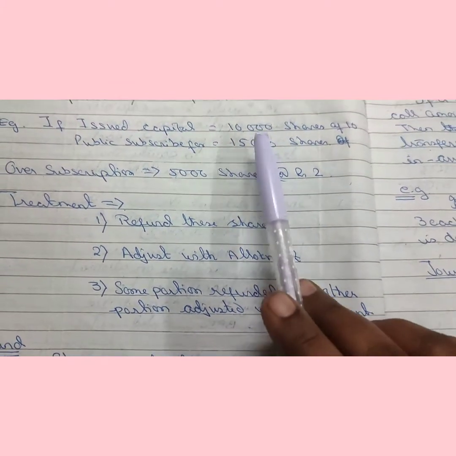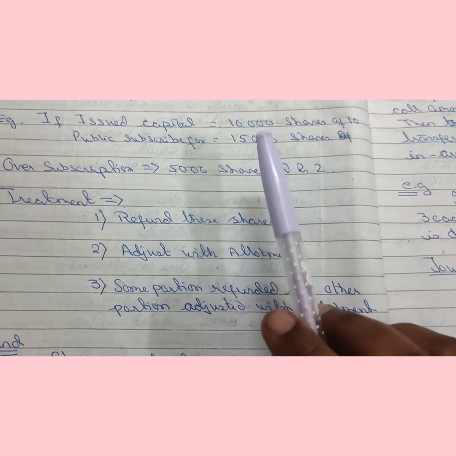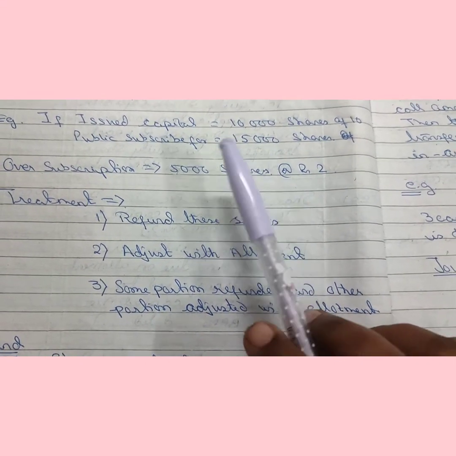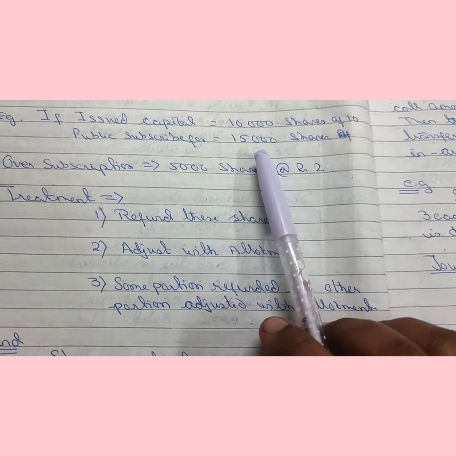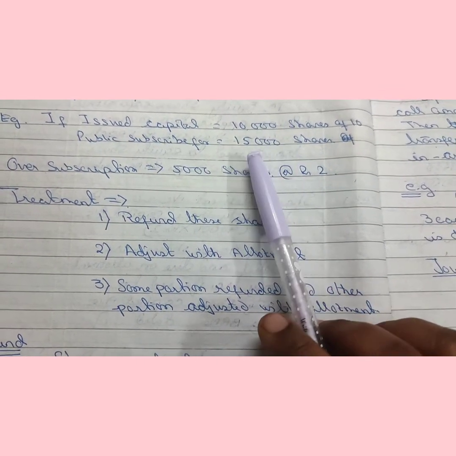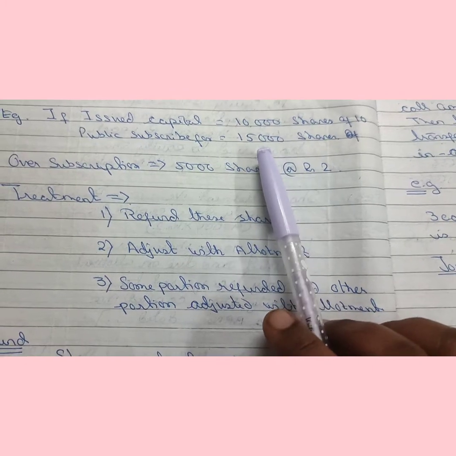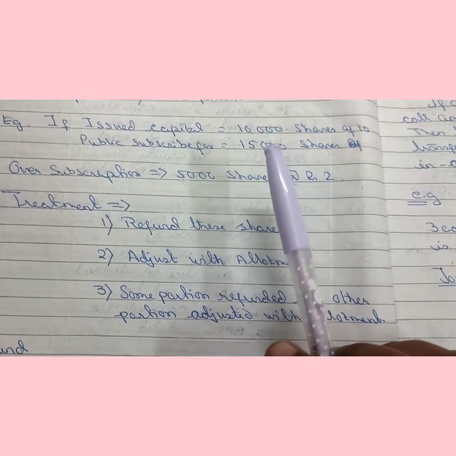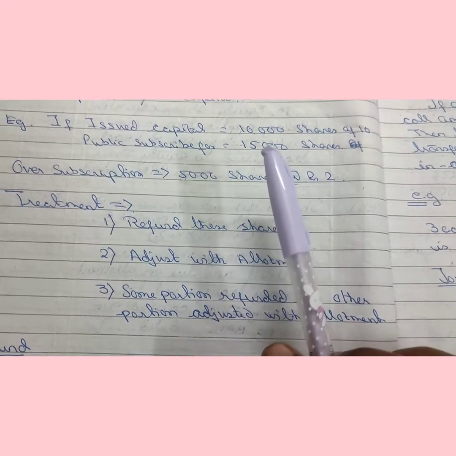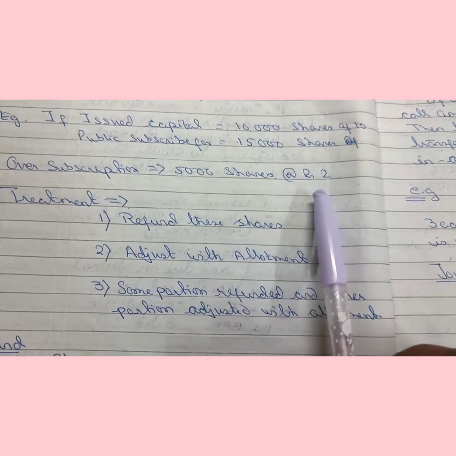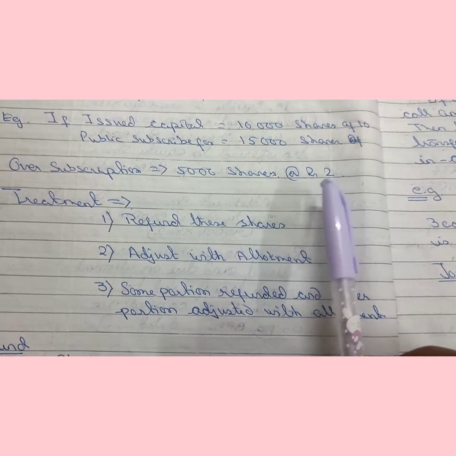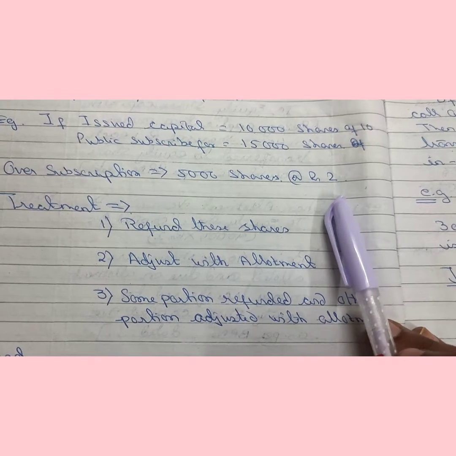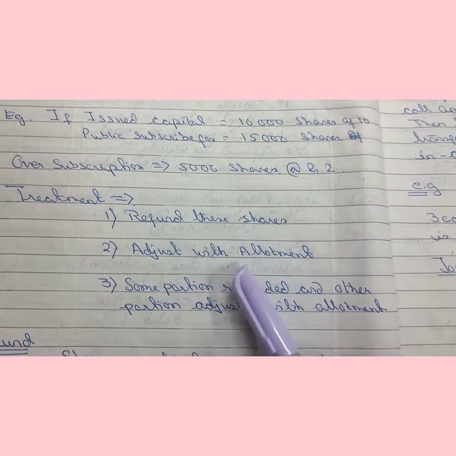Suppose in our first example, the public applied for 3 shares and was allotted 2 shares. That means 1 share is excess for that person, and for 1 share he has paid an extra rupees 2 on application. Now the company can adjust this rupees 2 for 1 share with his allotment.